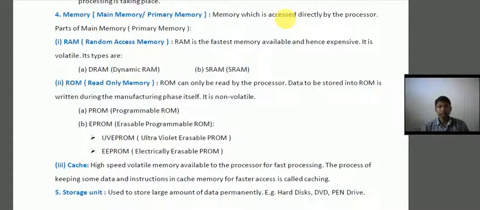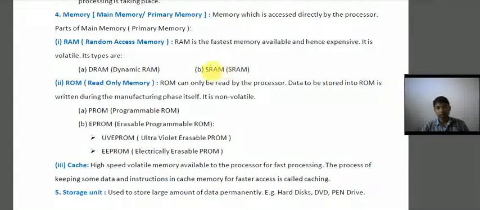Its types are dynamic RAM and static RAM. In the dynamic RAM, the data that is there needs to be refreshed again and again, even if there is a current. That's why dynamic means the things in the memory need to be refreshed again and again. Here SRAM, I have forgotten to write the static RAM.